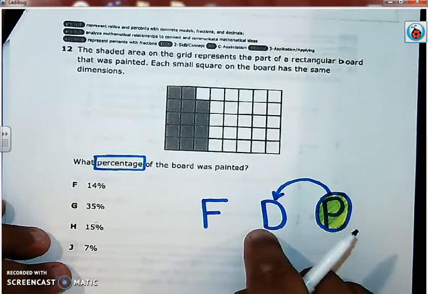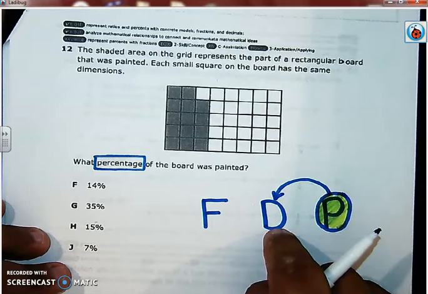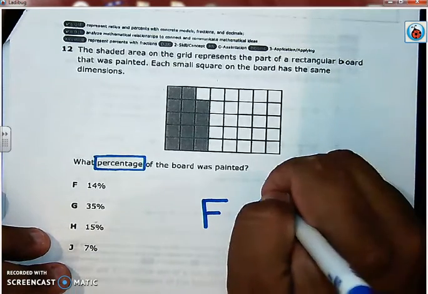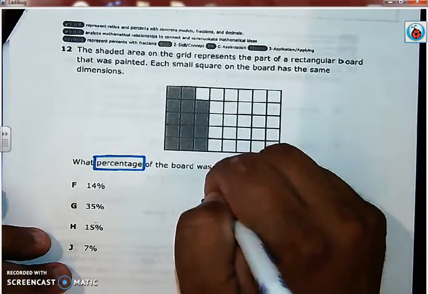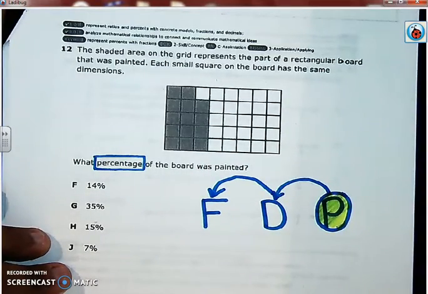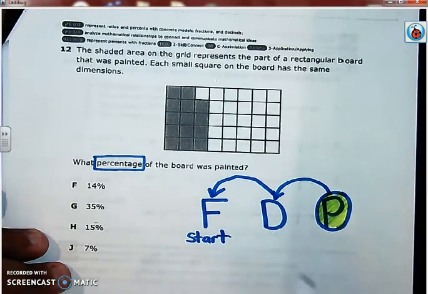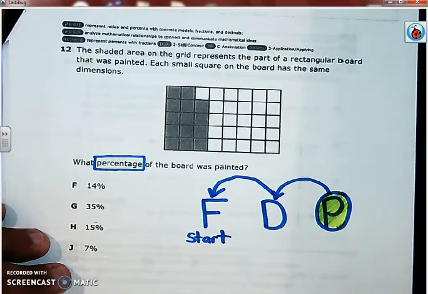But then, if I have to give them a decimal, there's something before the decimal that I need to give them. I need to start them with a fraction. So I have to start here with a fraction.